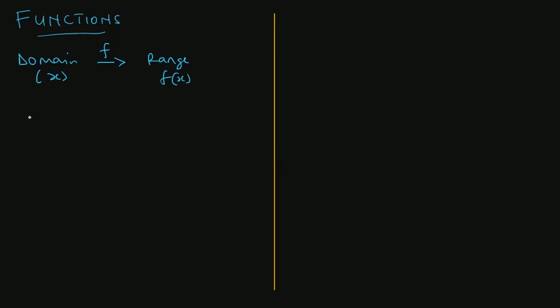So that leads us to the notation. How do we write functions? Functions will normally be written in two notations. One is if you have f(x) equals, for example, x squared minus 1.